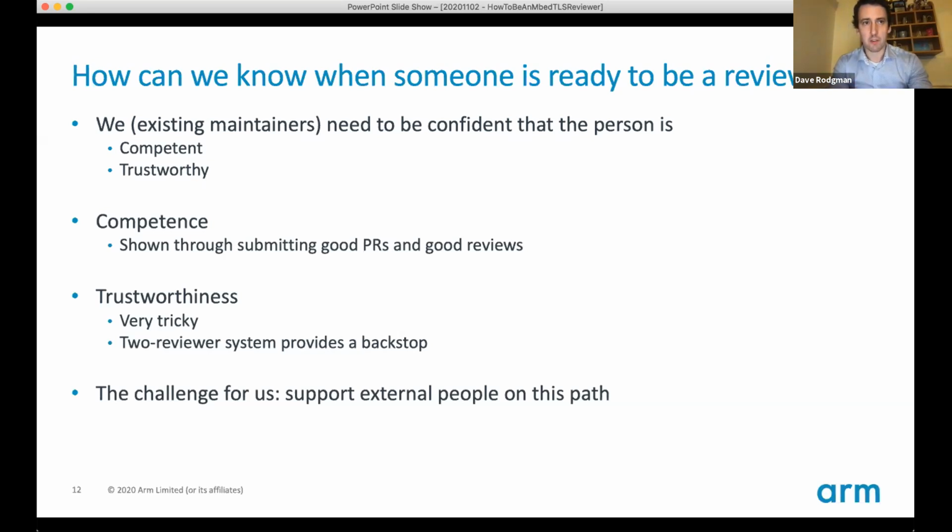And also that we can trust them to do a thorough job and to look for all the issues and flag issues that come up. So we can look for competence over time by just getting a sense of the quality of reviews that people contribute, the quality of the work, the quality of the PRs they submit.